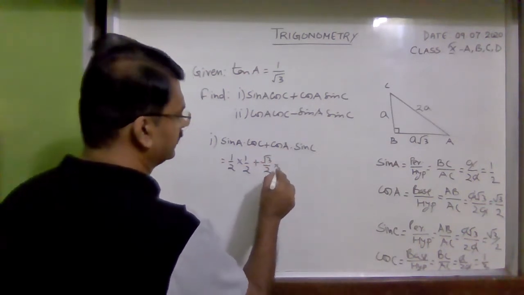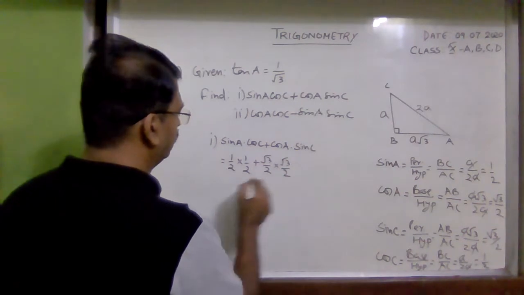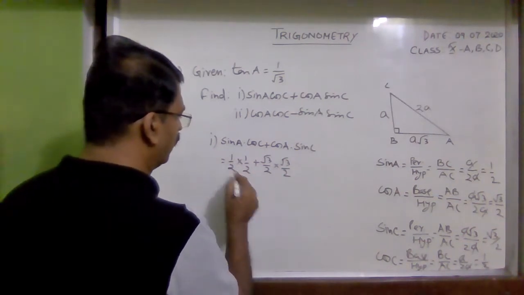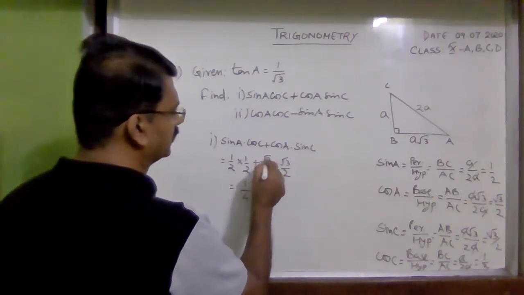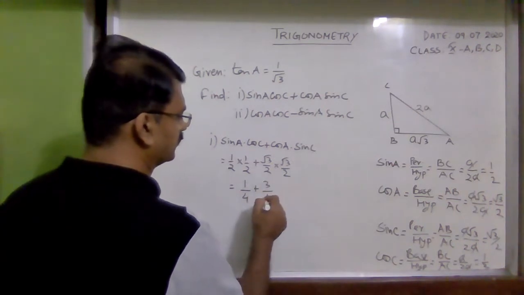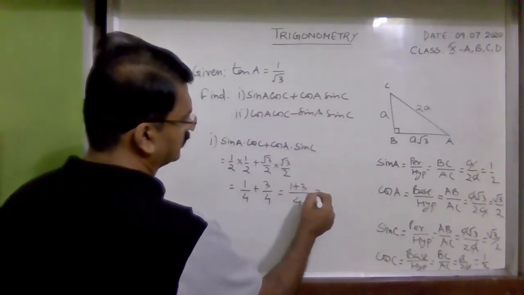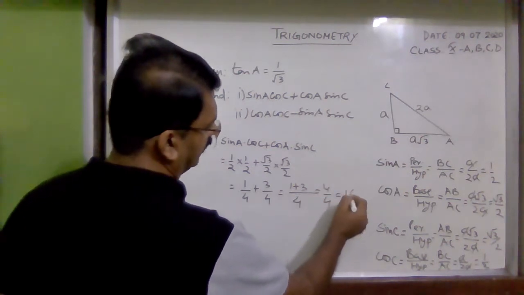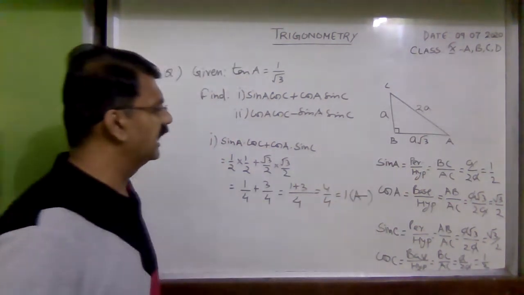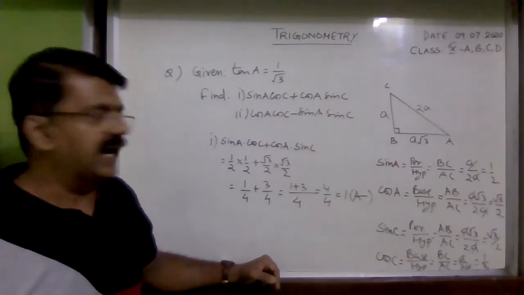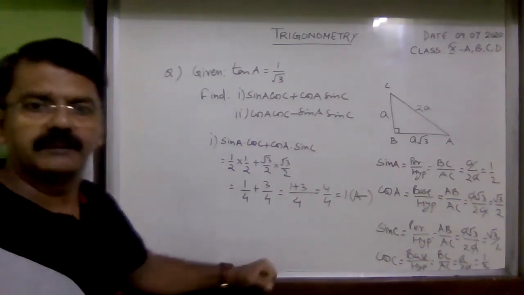Sin C is root 3 by 2. Now see, 1 into 1 will be 1, upon 2 into 2 will be 4, plus root 3 into root 3 will be 3, upon 2 into 2 is 4. So if you take 4 as the LCM, it is 1 plus 3, so 4 by 4, that is equal to 1. So the answer to the first part is 1.